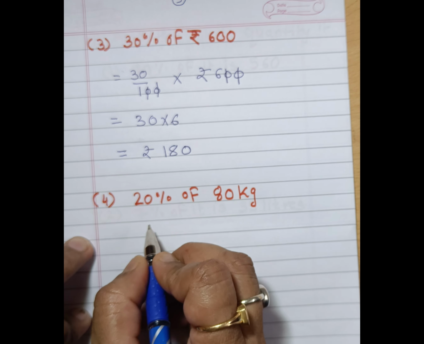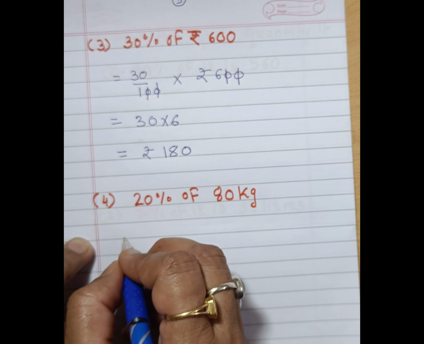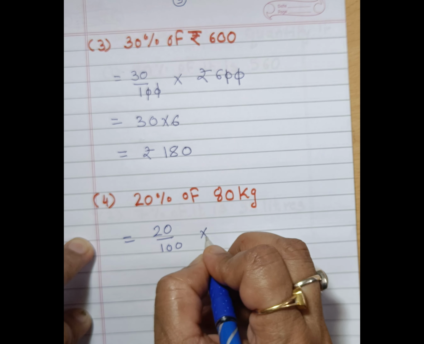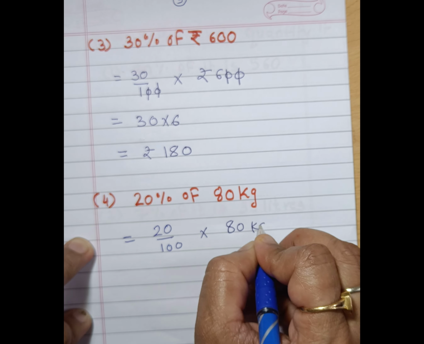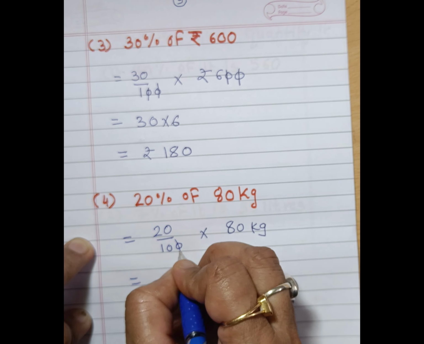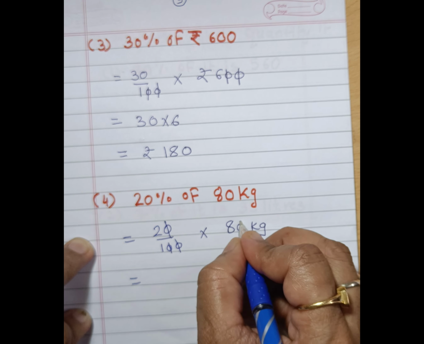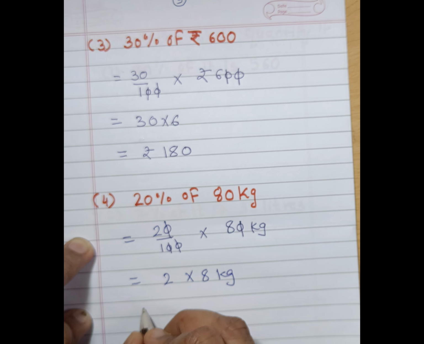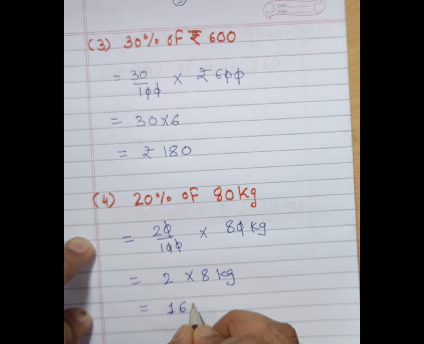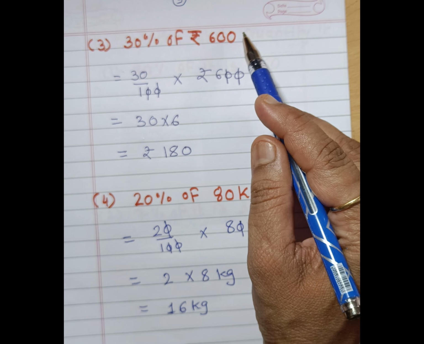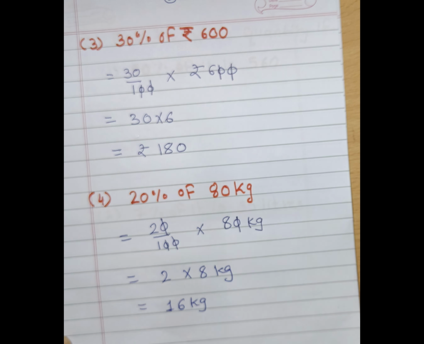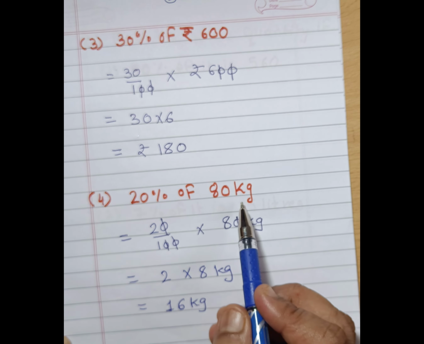Now 20% of 80 kg is equal to 20 by 100 multiplied by 80 kg, which is equal to 2 multiplied by 8 kg, which is equal to 16 kg. Now in this sum we find 30% of rupees 600, and in this sum we find 20% of 80 kg.